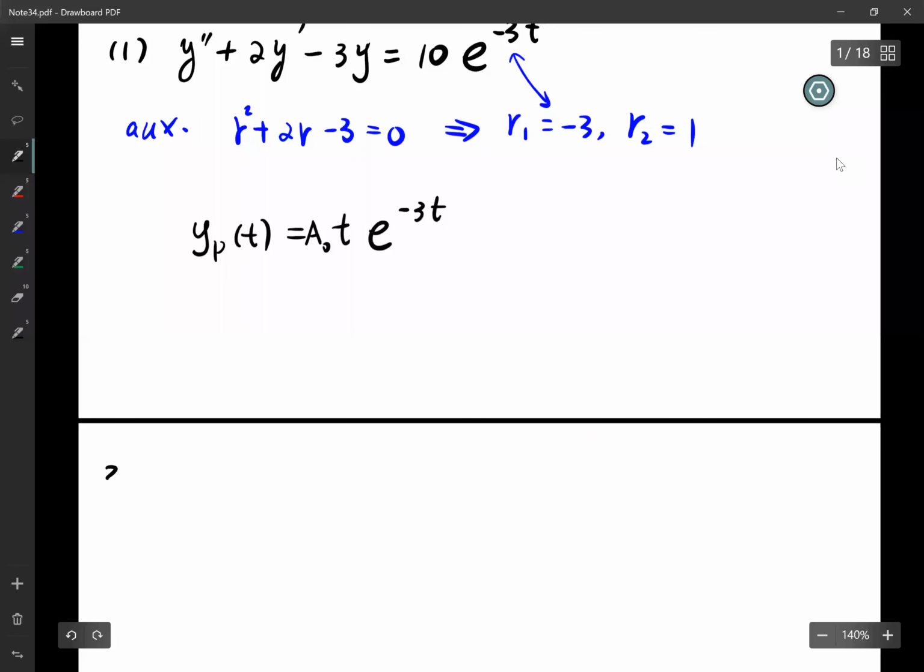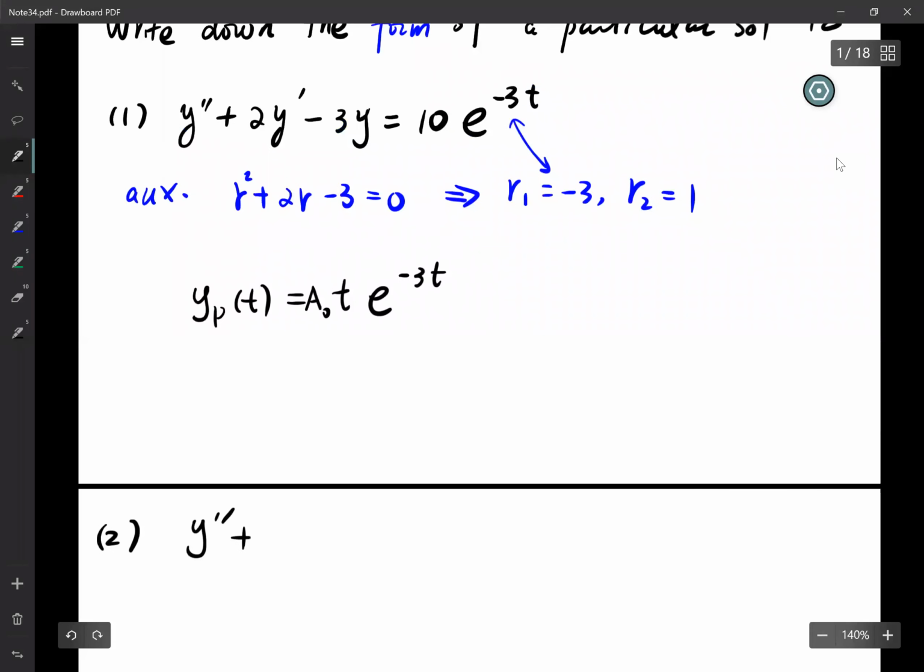Okay, second problem. Sorry, really quick. Why is it t instead of t squared? The question is why t instead of t squared? We multiply by t squared only if this minus 3 is actually a double root. But isn't there two roots, r1 and r2?